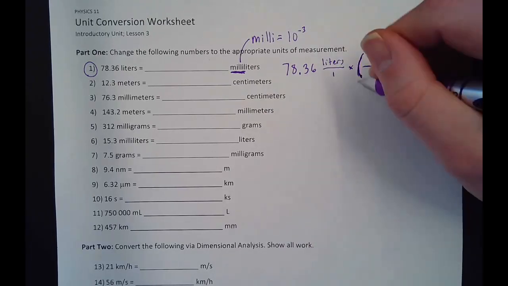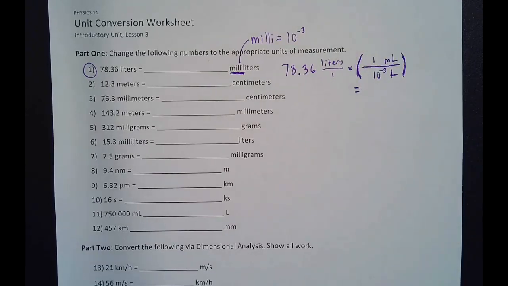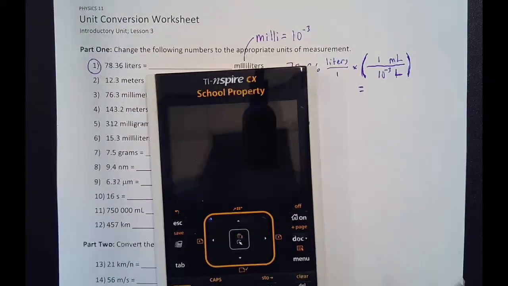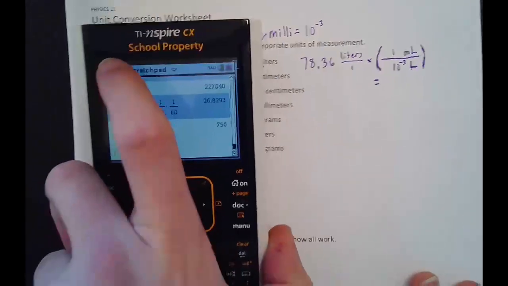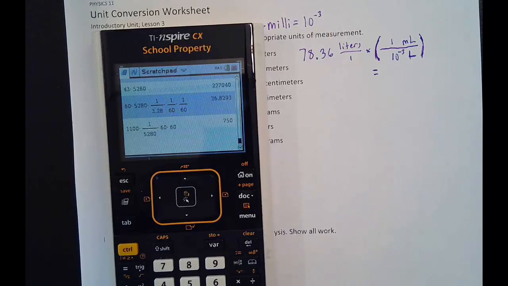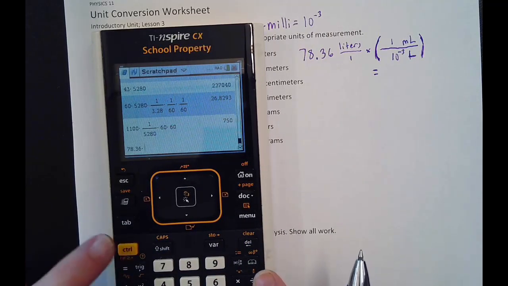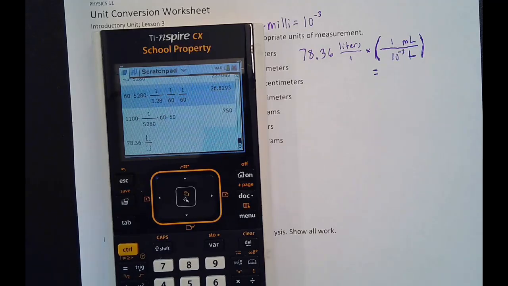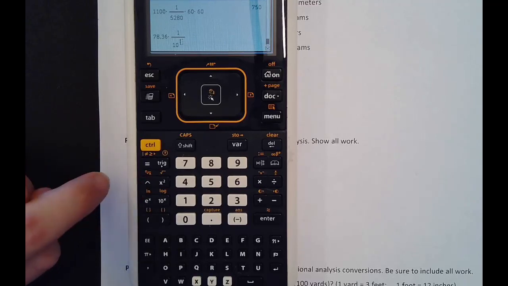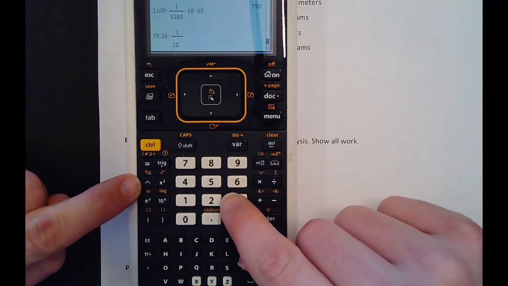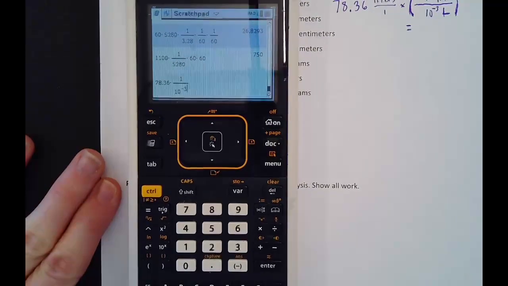And when we grab our calculator for this, press on. Type in 78.36. I'm going to multiply, use control division to give me a fraction of 1 over 10 to the negative third power. That's 10, then I'm going to grab the caret symbol, and then negative 3, or 1 over 10 to the negative third.